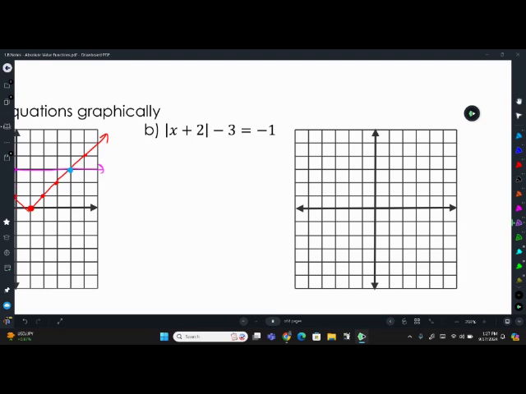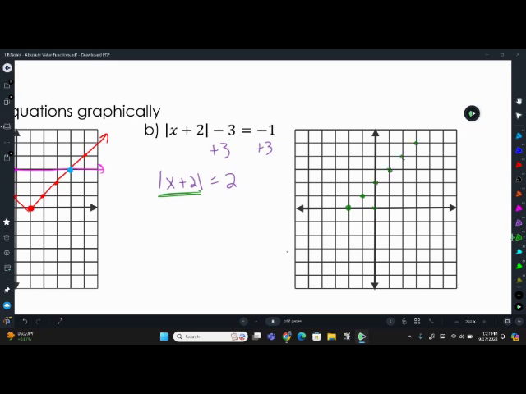Over here we have to add 3 to both sides. So we get the absolute value of x plus 2 equals 2. Now again, the absolute value bars are by themselves. We can't add or subtract numbers inside the absolute value. So graphing this, x plus 2 means from 0, 0, we're going to go left 2 and put a dot. And then up 1 and right 1, up 1 and right 1.